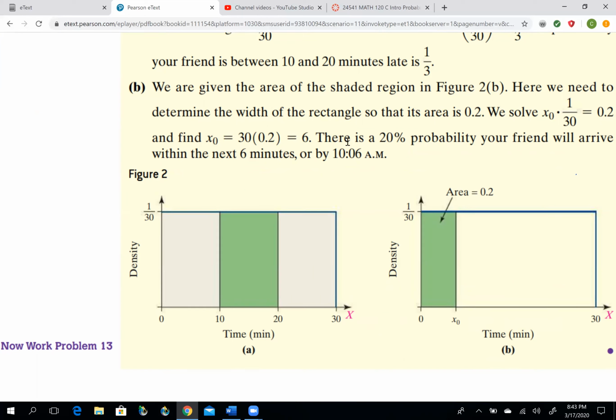What is the length between 10 and 20? 20 minus 10 is 10.